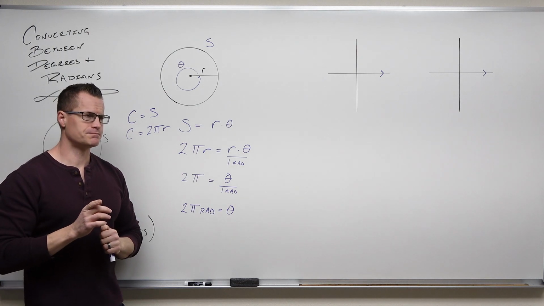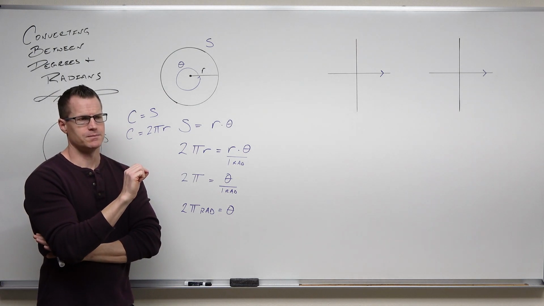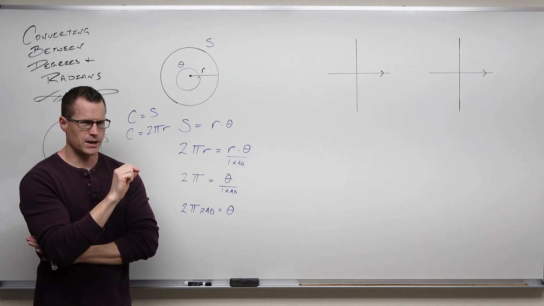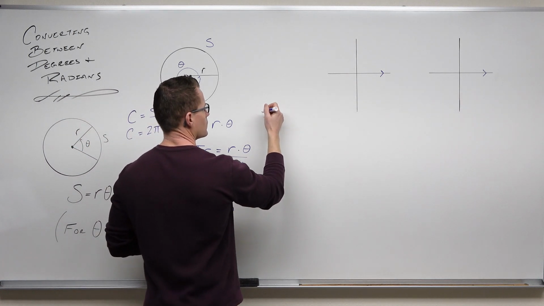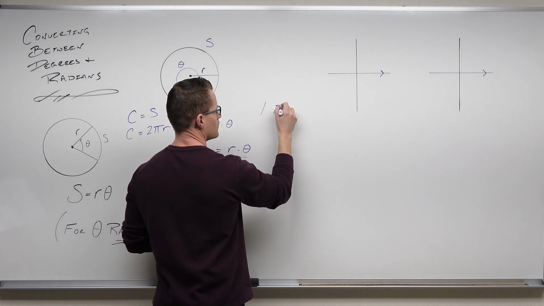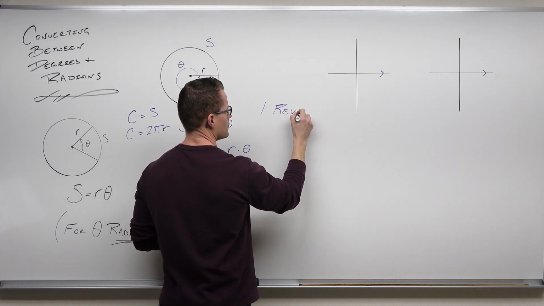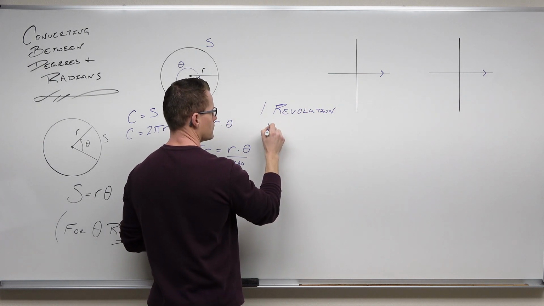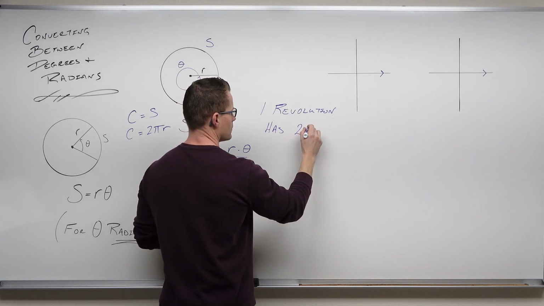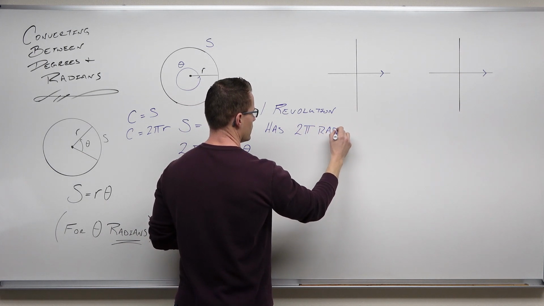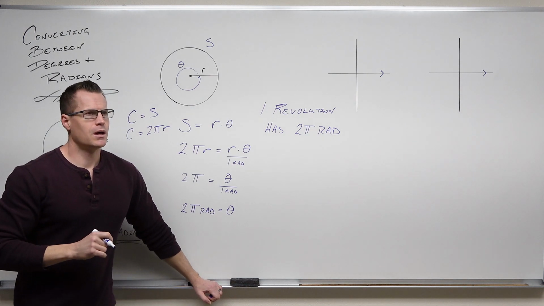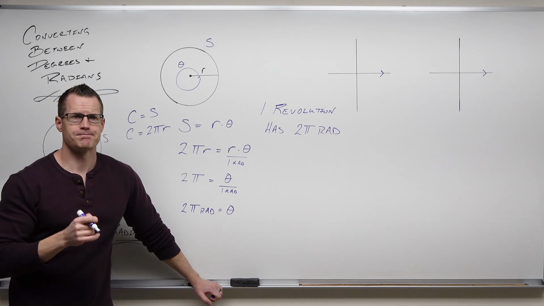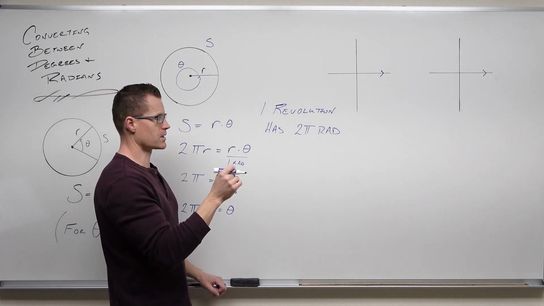But wait a second. One full rotation of a circle contains 2 pi radians. We also know something. We know that one full revolution of a circle is 360 degrees.